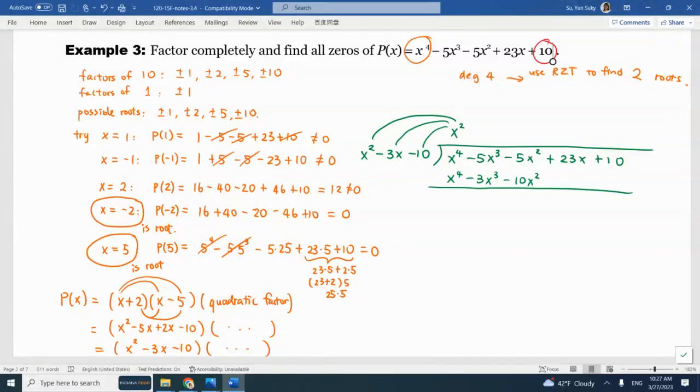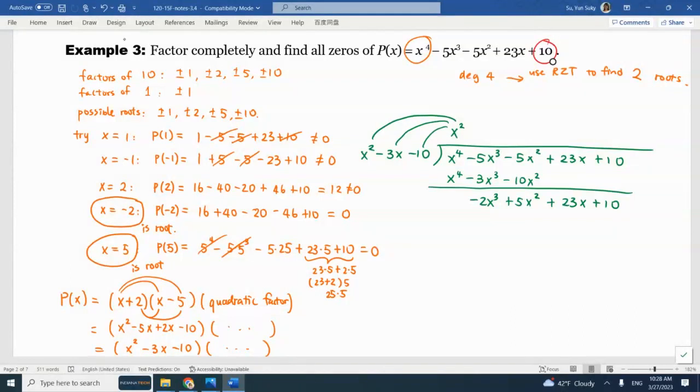Negative 5x cubed minus negative 3x cubed is what? 2x cubed. Yes. Positive or negative? Negative 2x cubed. And negative 5x squared minus negative 10x squared is negative or positive? Positive, yes. Okay, plus 23x plus 10.